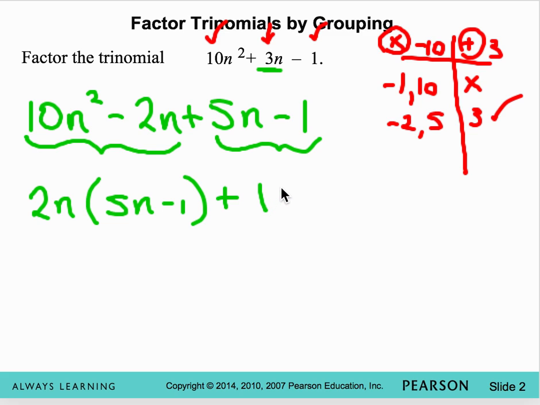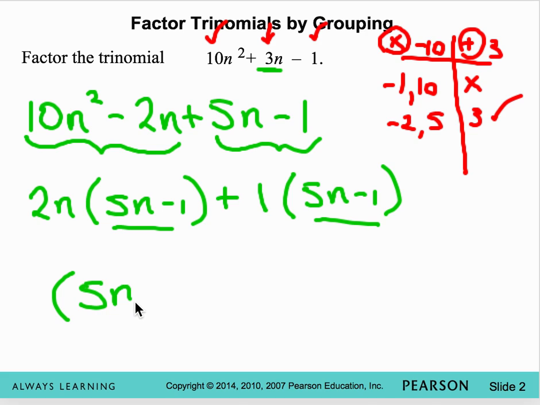I can multiply 1 by anything. Oh, and that's exactly what I needed because now look, it is 5n minus 1 that they have in common. So I'm going to bring that out and then leave 2n plus 1. And there's my 2 factors. 2 things multiplied together instead of 3 things being added and subtracted.